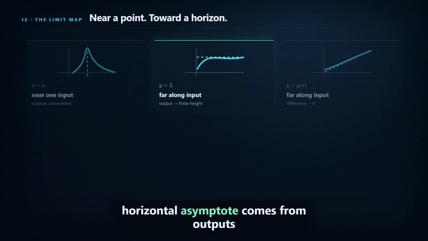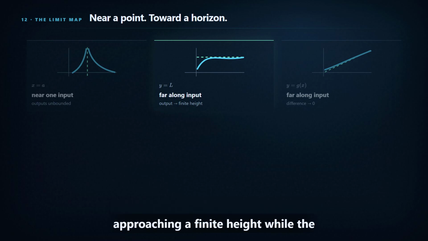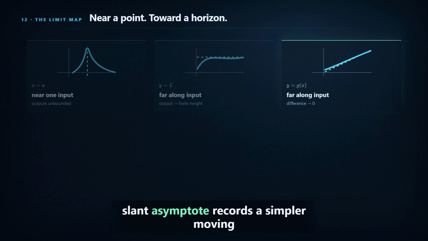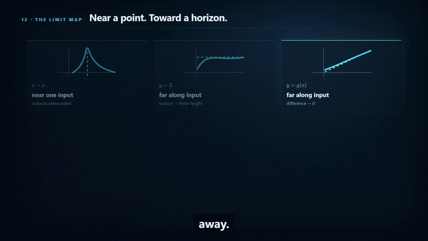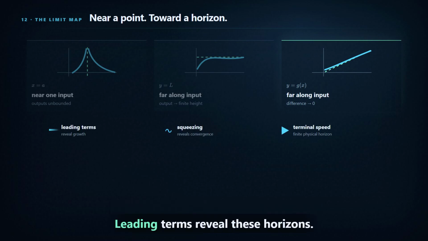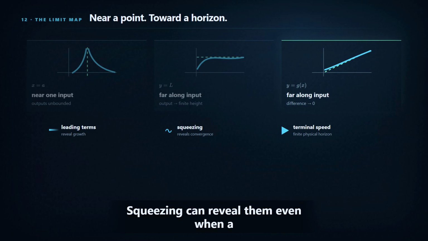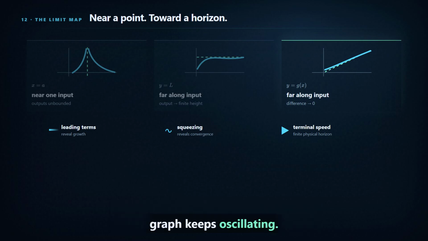A horizontal asymptote comes from outputs approaching a finite height while the input becomes unbounded. A slant asymptote records a simpler moving track whose remaining difference fades away. Leading terms reveal these horizons. Squeezing can reveal them even when a graph keeps oscillating.